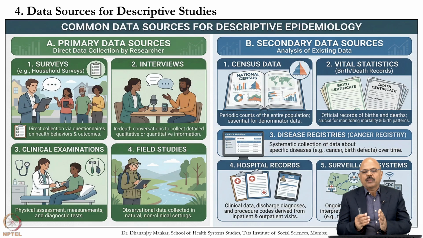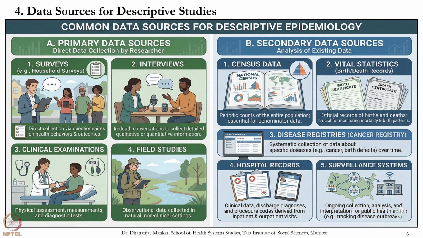Hospital records, from a research point of view, include clinical data, discharge summaries, procedures, and IPD and OPD visits, which are very important for descriptive studies. Surveillance systems involve ongoing collection and analysis of data and interpretation for public health action, where tracking disease outbreaks is very important, as seen even in the COVID time.